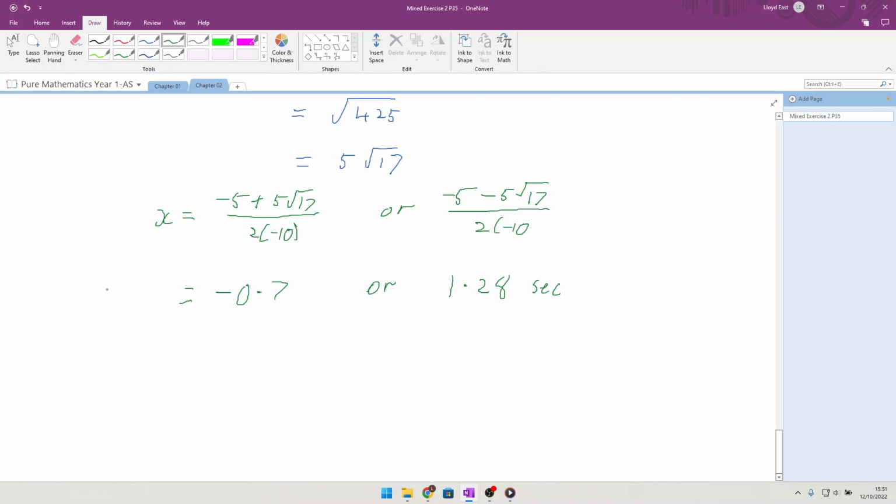Okay, part C. They want us to rearrange the equation in the format of a minus b, open brackets, t minus c, squared. Okay, so we are completing the square and finding a, b, and c.